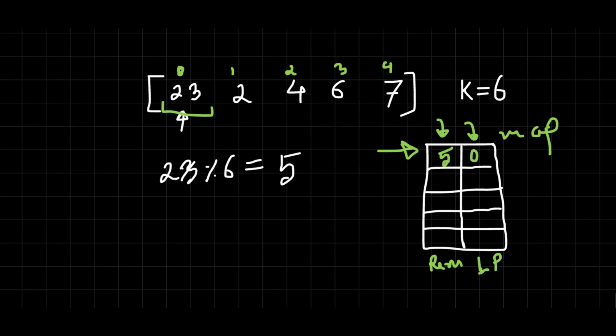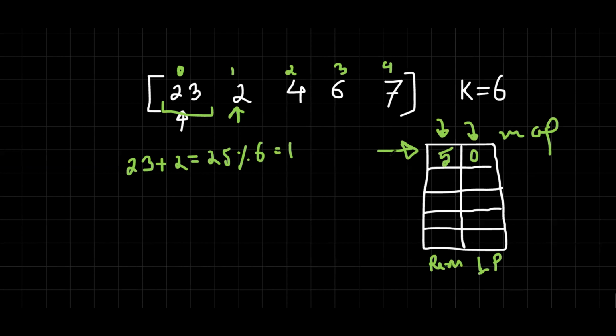So now, suppose we are at this element 2. So here the summation of 23 plus 2 will be 25. And the modulus of 25 with k, which is 6, will be 1. So the entry will be 1 and 1.